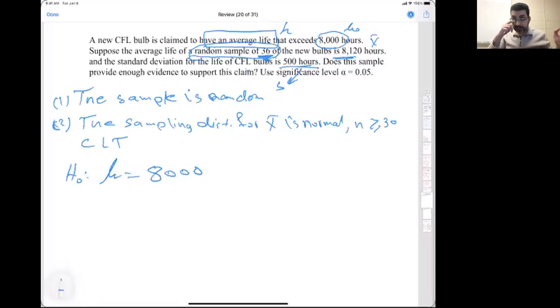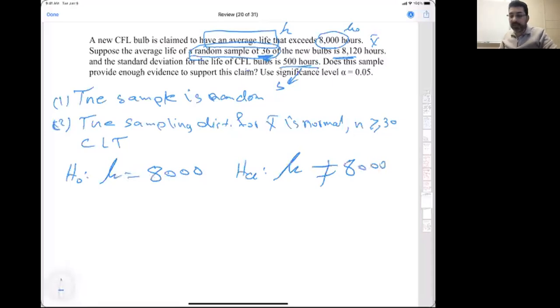It doesn't say any direction. So in this case, you assume that this test is a two-tailed test, because the alternative will be mu not equal to 8,000. So it will be a two-tailed test.